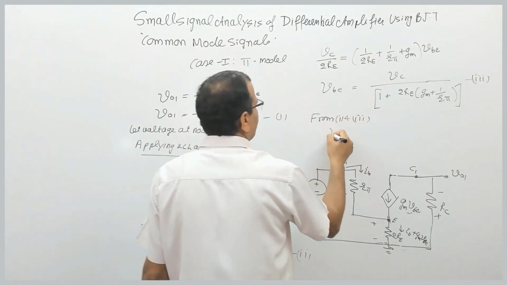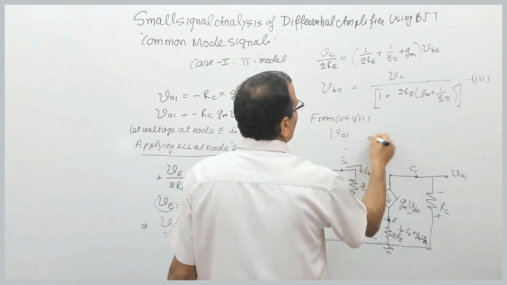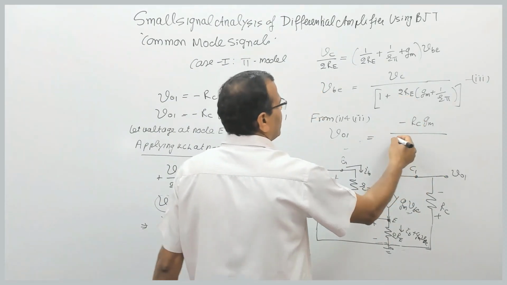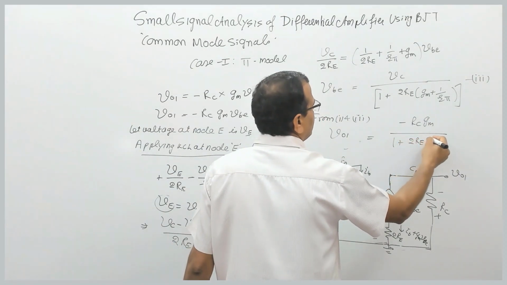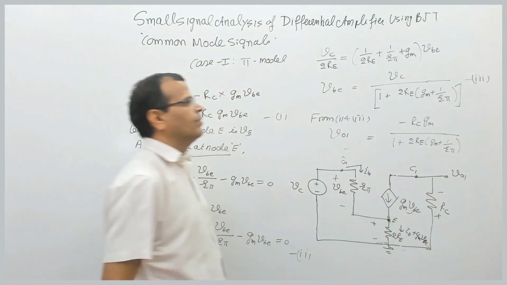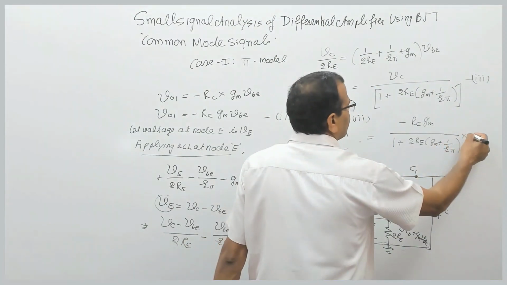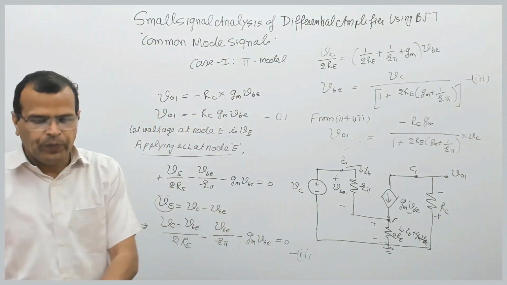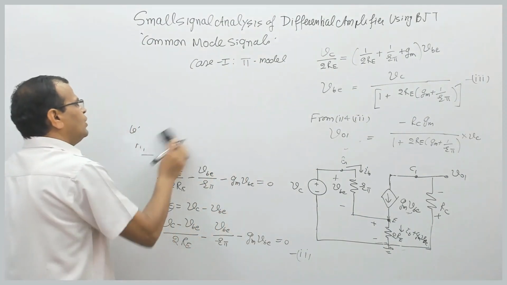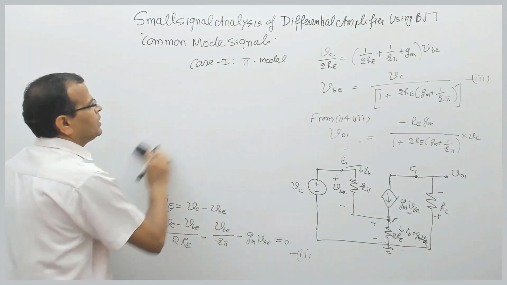You can simply write V01 equal to minus RC GM divided by the factor 1 plus twice RE into GM plus 1 by R pi, multiplied by VC. So that ratio of V01 to the common mode input can be written here.